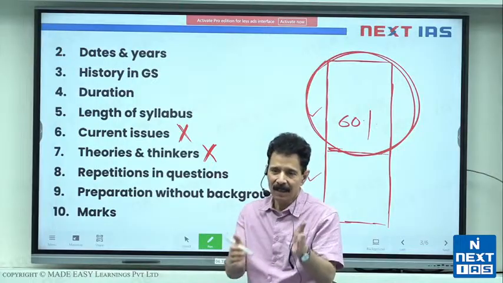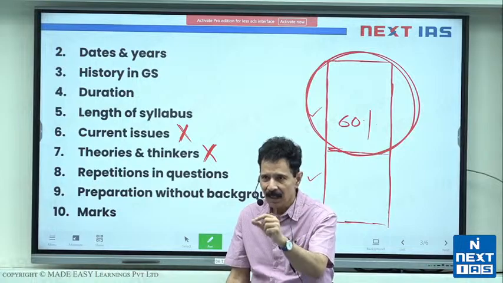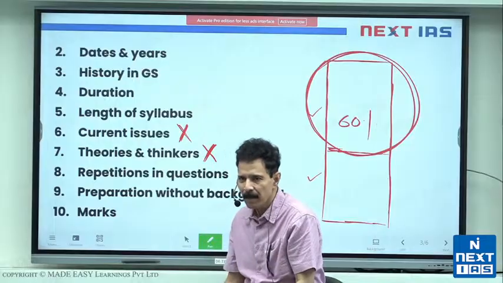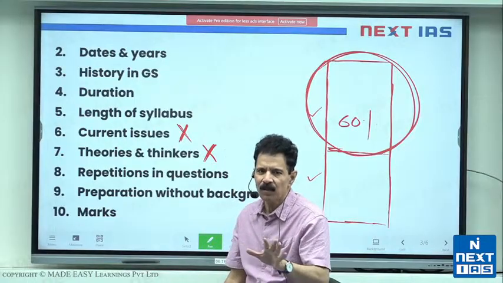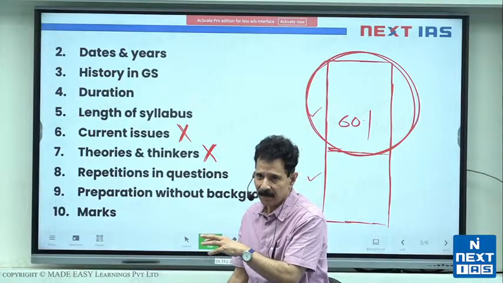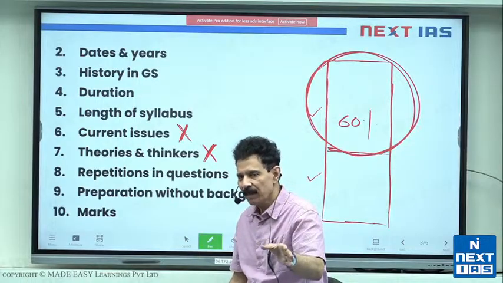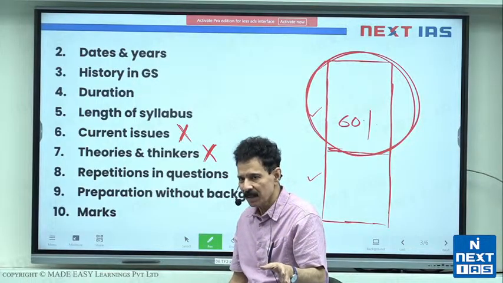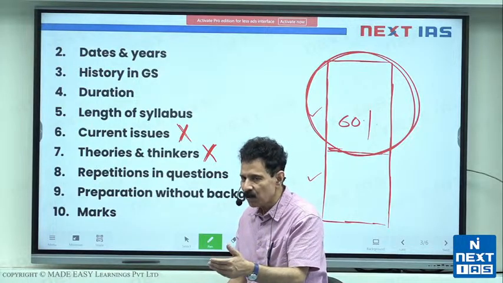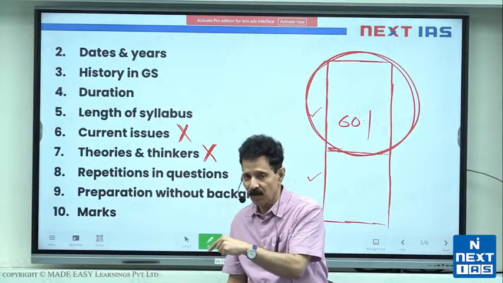We will find that 4 years back there was one statement as a question. The same statement as a question was there again in 2024. Same statement exactly. This doesn't happen in other optional subjects, and why does this happen? Because history is static. Current is not there. History is what? What has happened is history. Past records of events. So what has happened has happened. What is happening is not history. It will become history later. What will happen is not history.